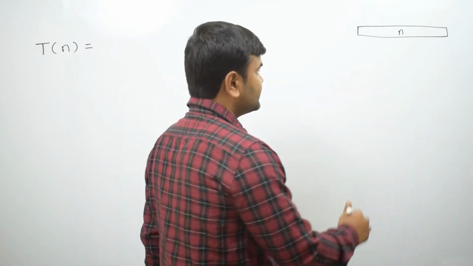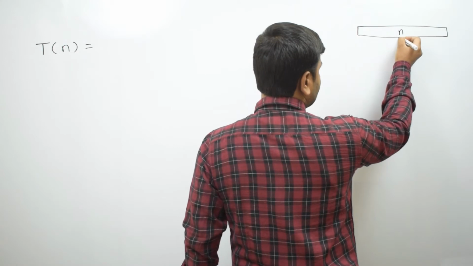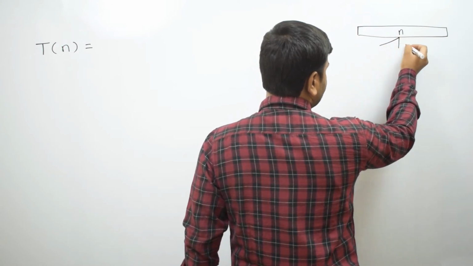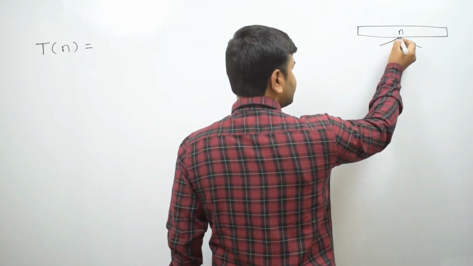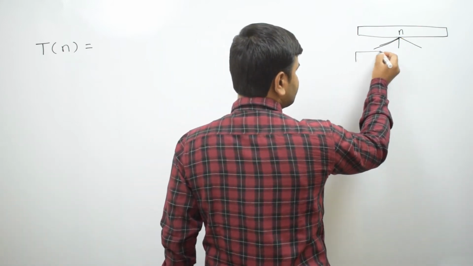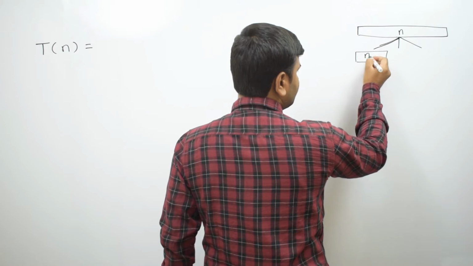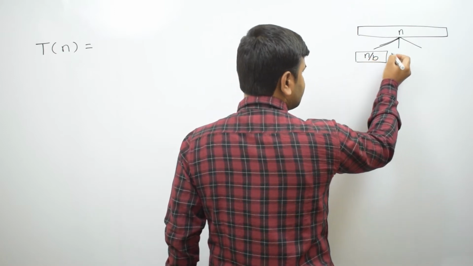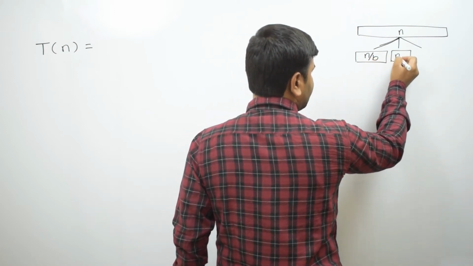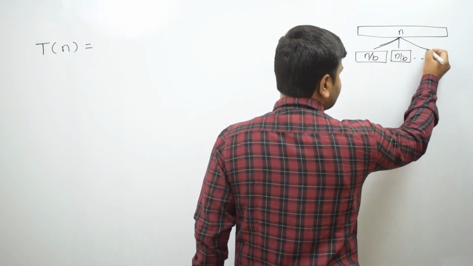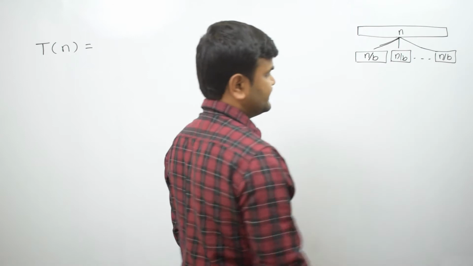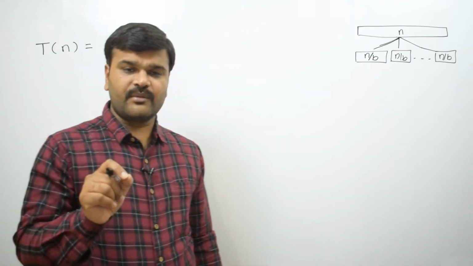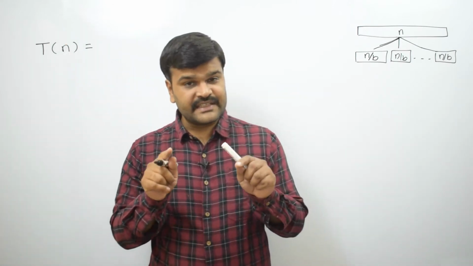This problem, for example, is divided into subproblems. Assume n by b is the size of a subproblem, and the next subproblem is also n by b. Like this you are going to have a set of subproblems, and every subproblem is independent of the others.